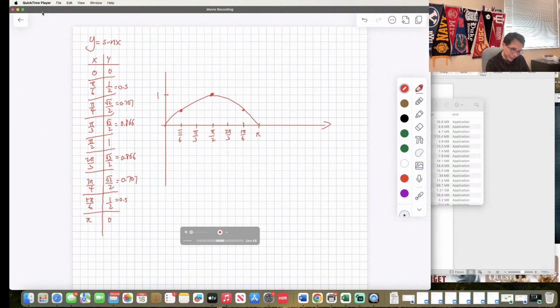Okay, I'm going to continue. So I'm going to say 7 pi over 6, 4 pi over 3, and 3 pi over 2, and then the next one is going to be 5 pi over 3, and then 11 pi over 6, and then 2 pi.